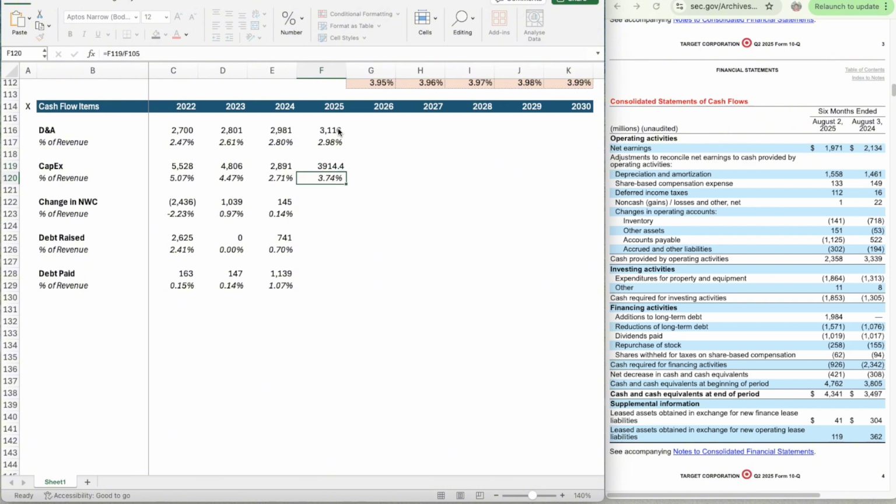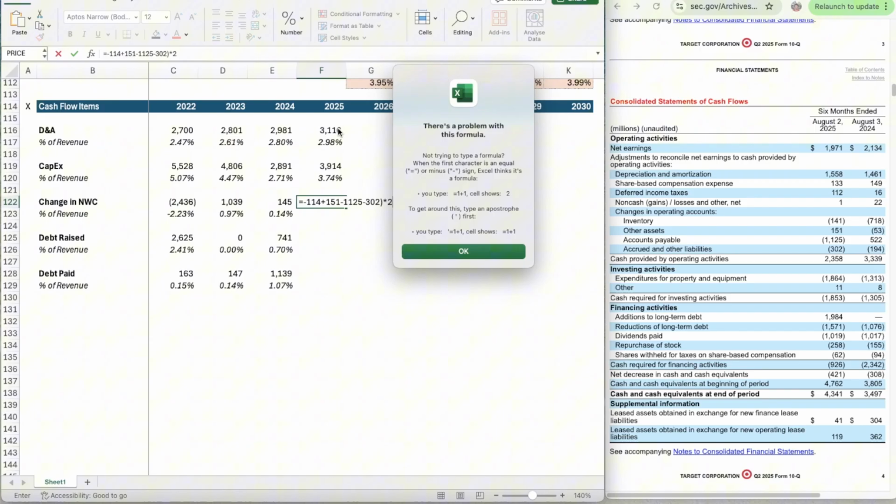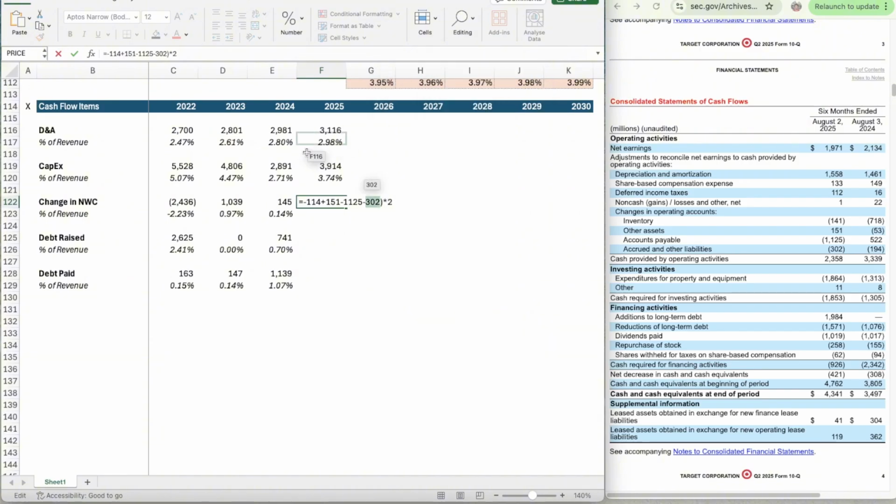Maybe multiply this one by 2.1. Doesn't have to be overly precise right now. Equals minus 114 plus 151 minus 1125 minus 302 multiplied by 2. We need another bracket there. Looks good. See, this is going to look good on free cash flow if it stays like that.